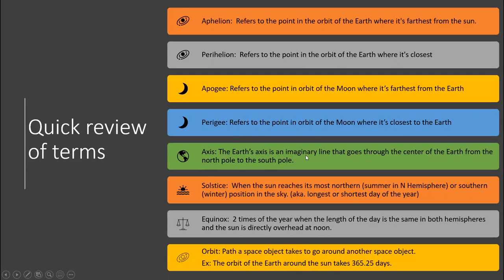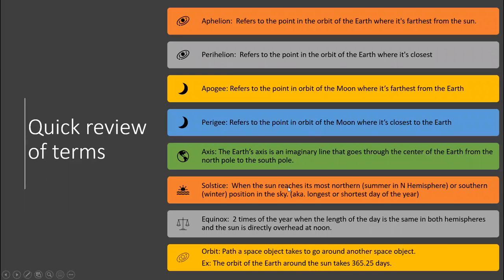The axis is an imaginary line that goes through the center of the Earth, from North Pole to South Pole. It's 23 point something degrees. It's 23 something because it changes, because the Earth is wobbling. So that's the reason why.